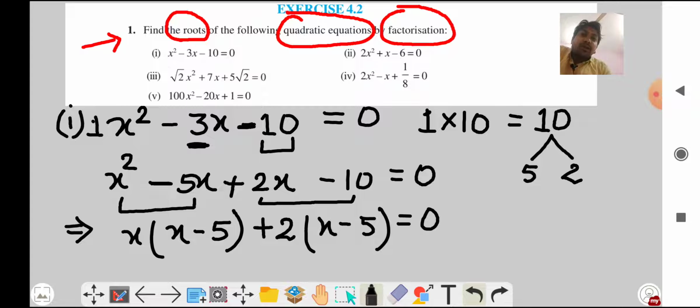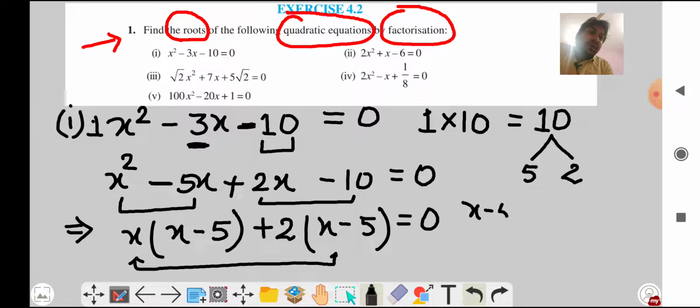See, now in these two terms, what is common? In these two terms x minus 5 is common. So I am taking x minus 5 from the first term. If you are taking x minus 5, then what is remaining? It is remaining x, right? In the second term, what will remain? It is 2, right?